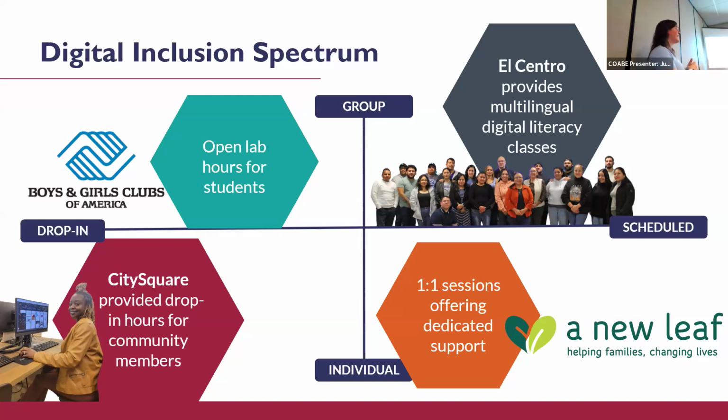A New Leaf, New Mexico, is one of our newer sites, and they were offering one-on-one sessions that were scheduled for things like financial literacy and housing services, and are currently in the process of finding a way to make it easier for individuals who come in to do those things themselves. How do I apply for SNAP independently?